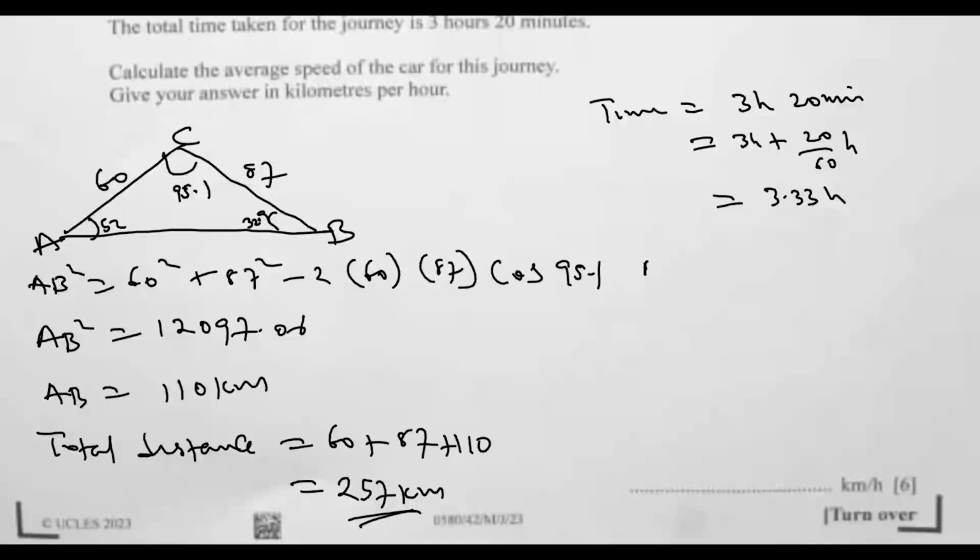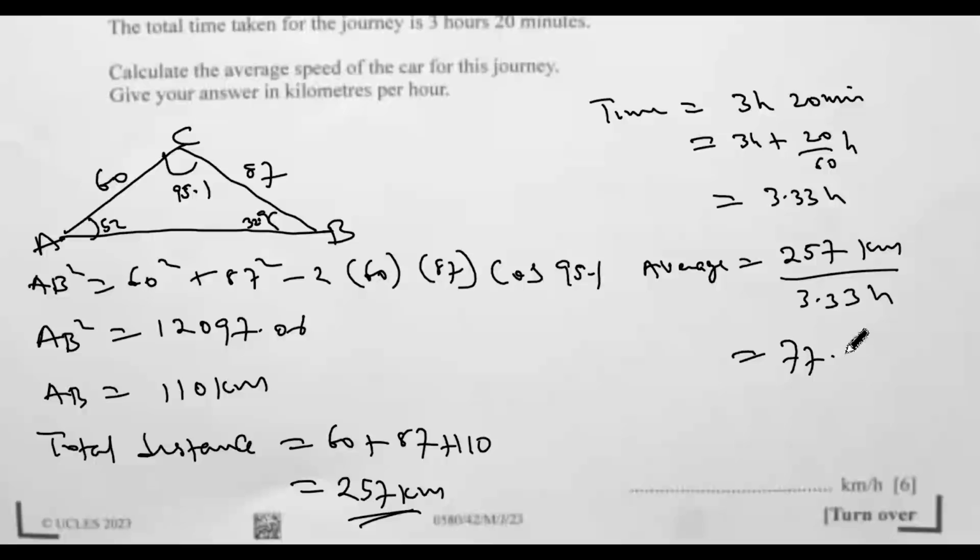Then the formula for average speed equals total distance over time taken. That will be 257 kilometers divided by 3.33 hours. If you do this, you get 77.2 kilometers per hour. So that will be the solution there.